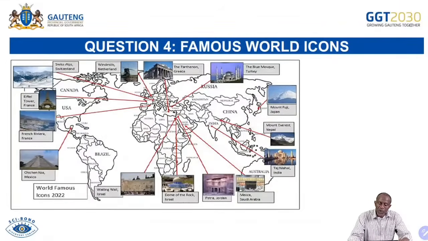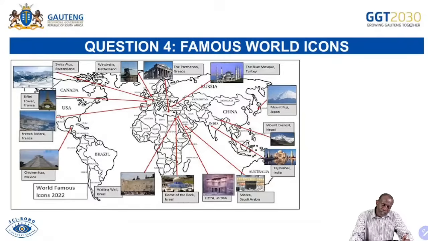Now, what you need to know is their location on the map. This map indicates different continents where these icons are located. It is important for you to know the continent in which a specific icon is located.